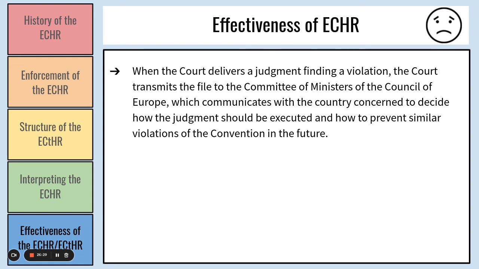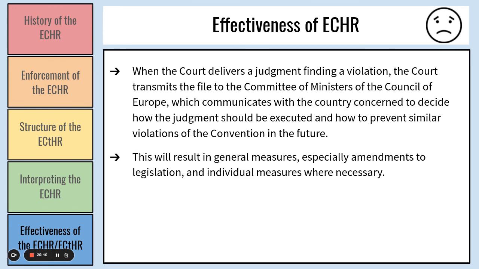The Committee of Ministers then communicates with the country and decides how the judgment should be executed and how to prevent similar violations. So that's a good thing. It works with the country to prevent further interferences with human rights and breaches of human rights. This results in general measures, especially amendments to legislation, and individual measures where necessary. This is all very good.